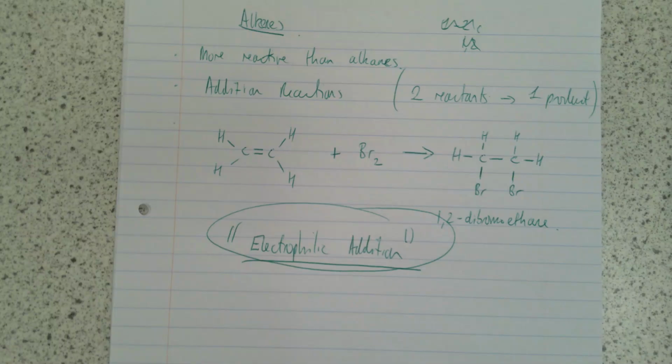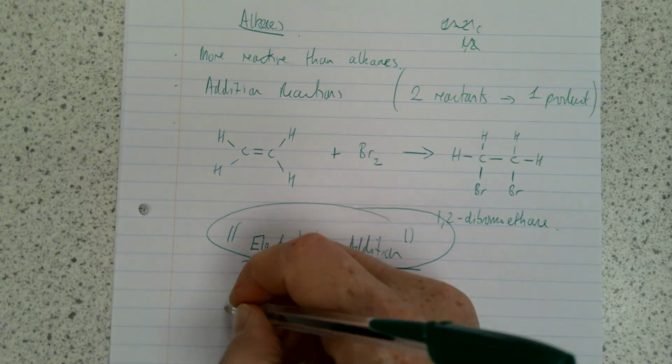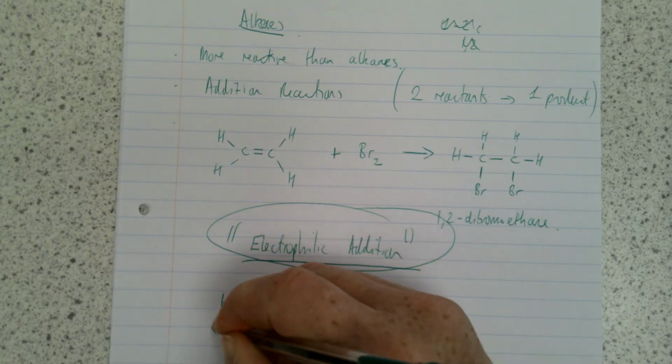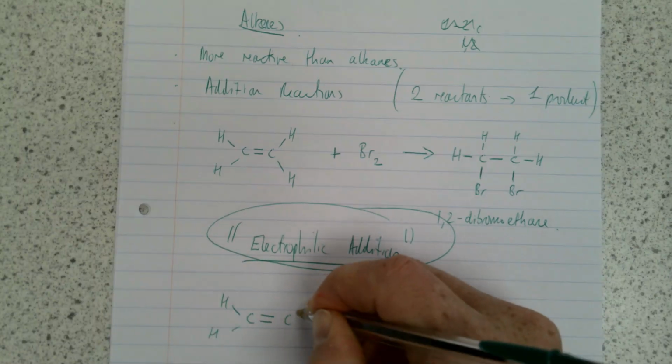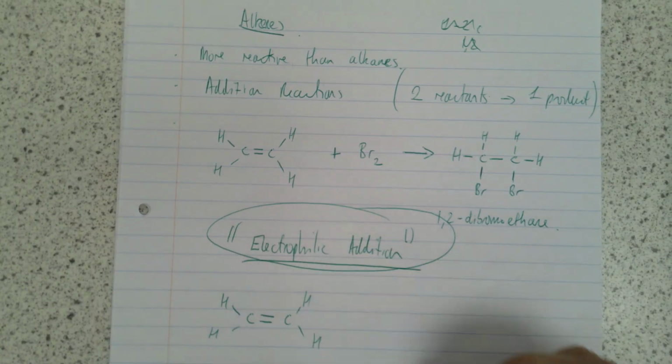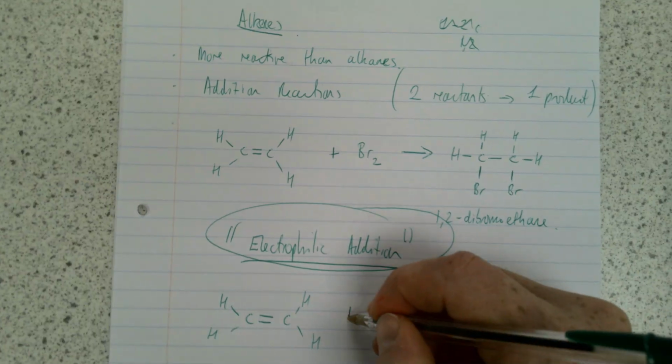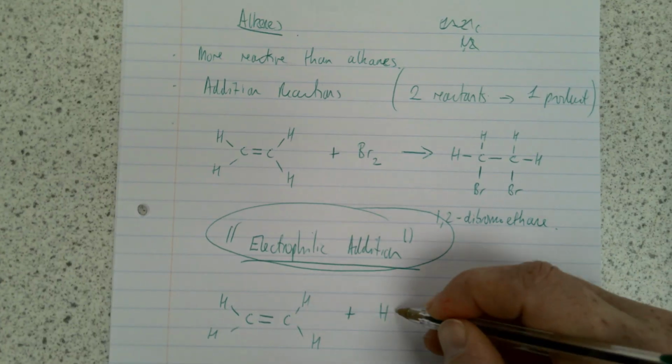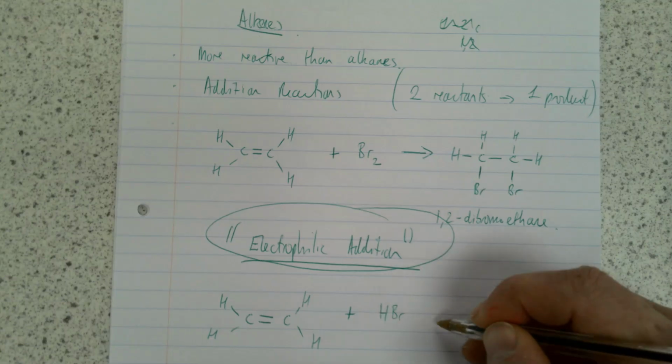So another example of a reaction you need to know might be the reaction with HBr. This could be HBr or HCl. I'm going to use HBr. So sometimes teachers will call it HX, X representing a halogen.